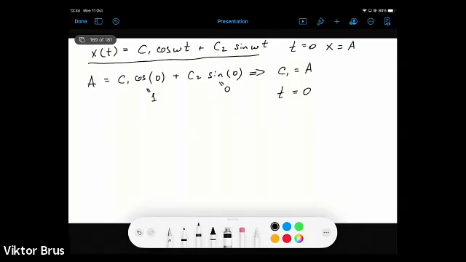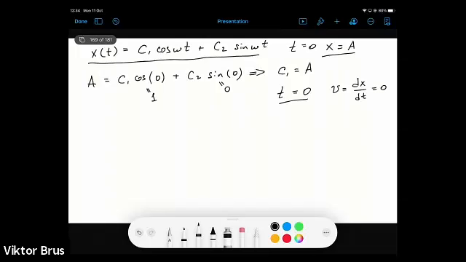So we can write that v, which is equal to the first derivative of the displacement over time, is equal to 0. So we have at t equals 0 maximum displacement, and it is also true that at t equals 0 our block doesn't move.